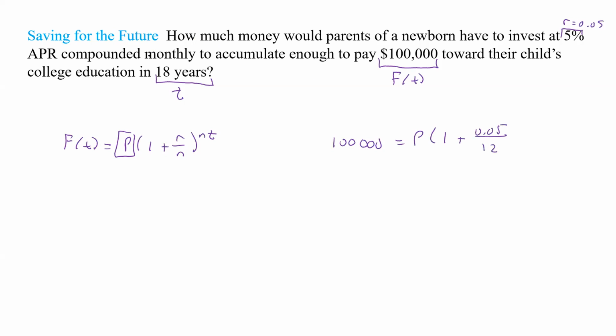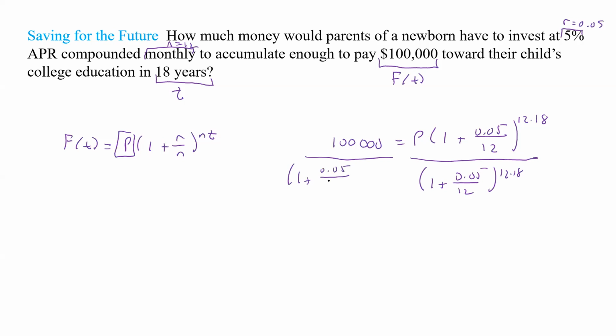1 plus 0.05 over 12, and we're compounded monthly, so our n is equal to 12. And then that's raised to the 12 times our 18. So what does that mean? We have to solve for p, so that means we're going to divide both sides by 1 plus 0.05 over 12 to the 12 times 18.